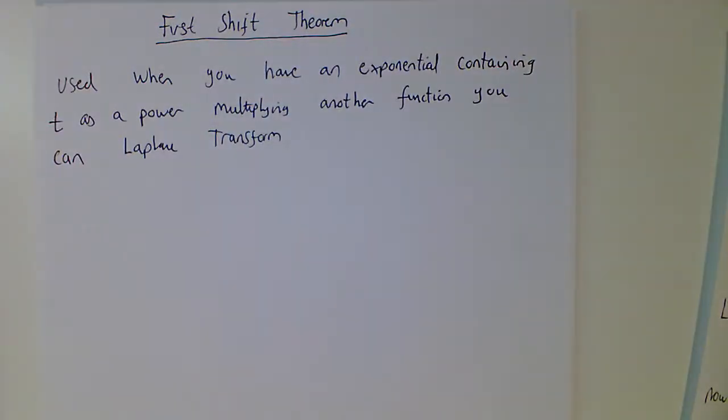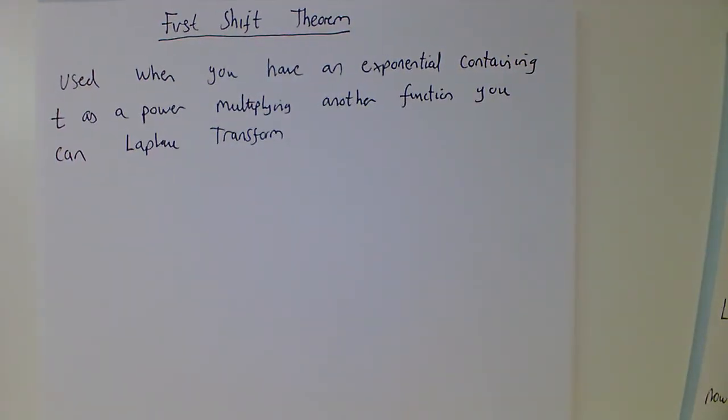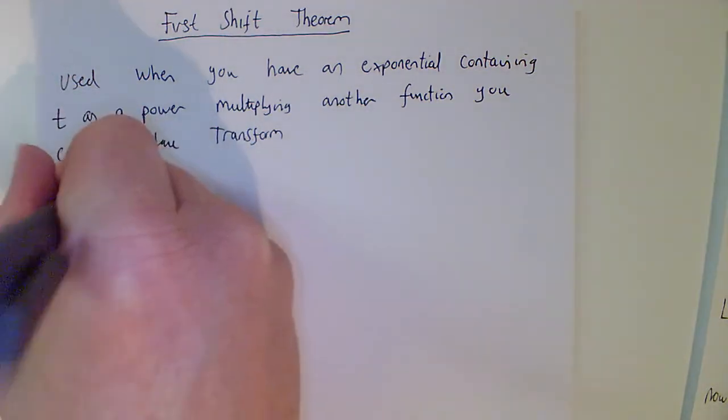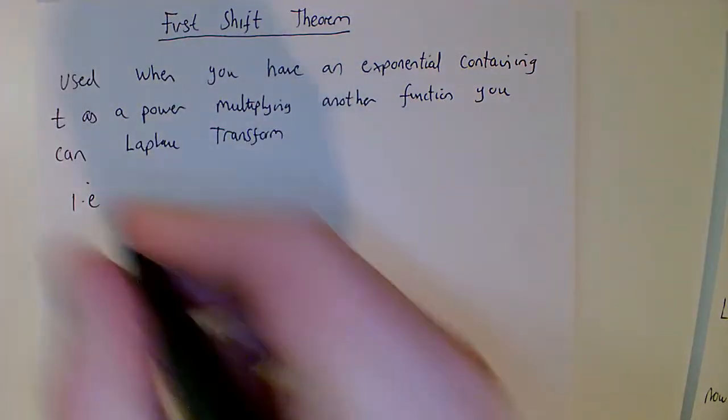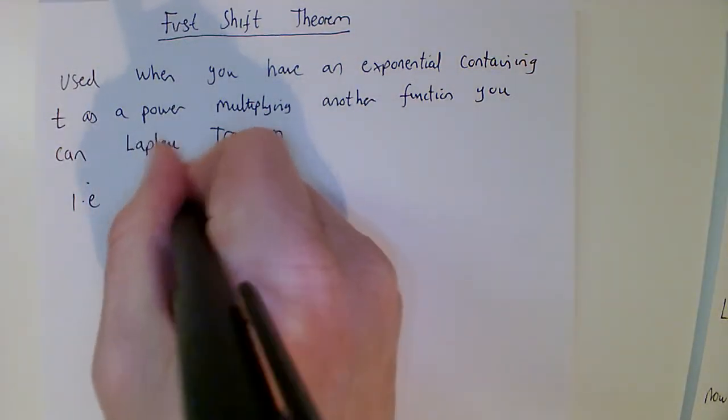Right, so all the first shift theorem is saying is if I have effectively an exponential multiplying something else, kind of like a product rule as you would see in differentiation. So here's a couple of examples where you would know to use the first shift theorem.